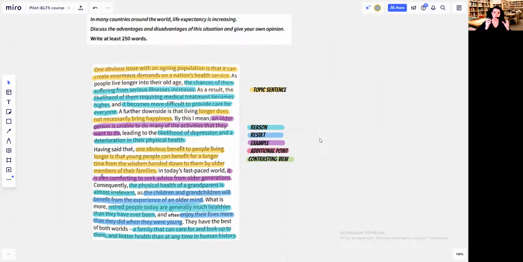Now, everything within the paragraph and between these topic sentences has to fall into some category. It's either a reason, a result, an example, an additional point, or a contrasting view. In my opinion, the chances of people suffering from serious illnesses increases is a reason.